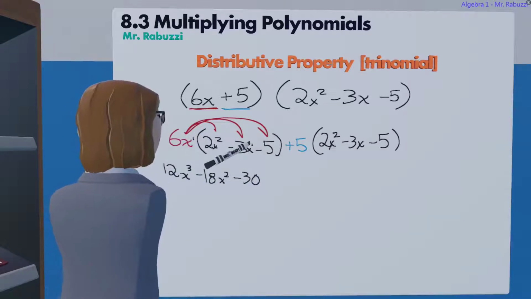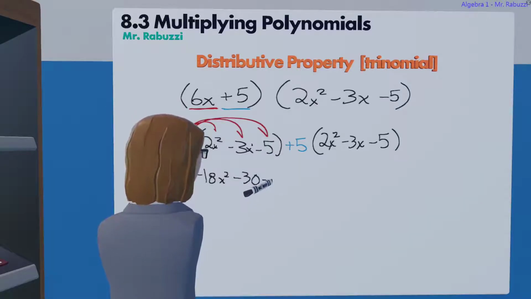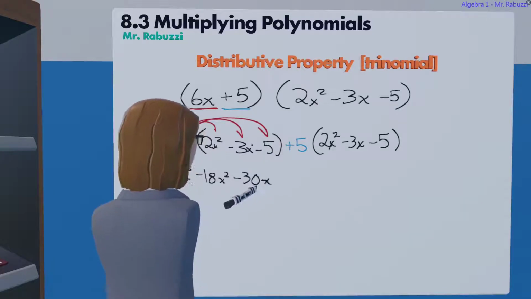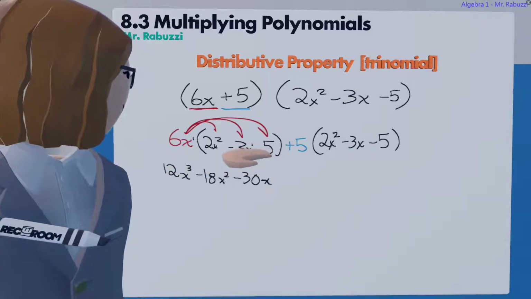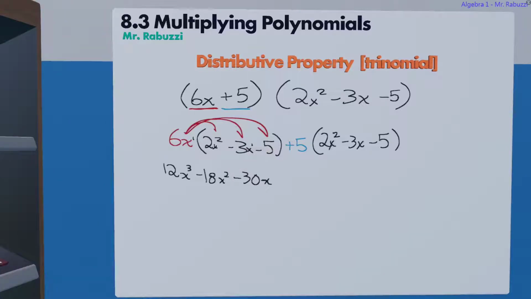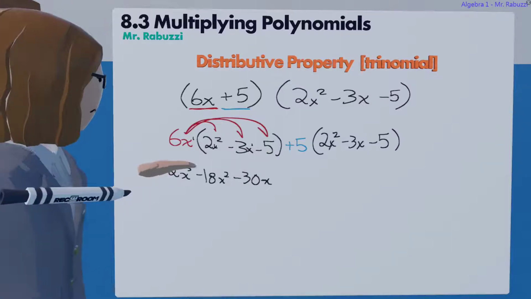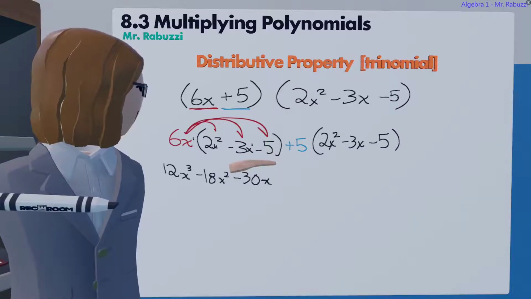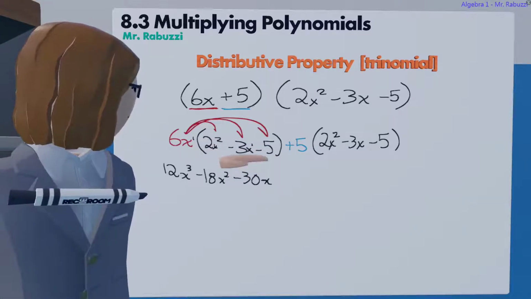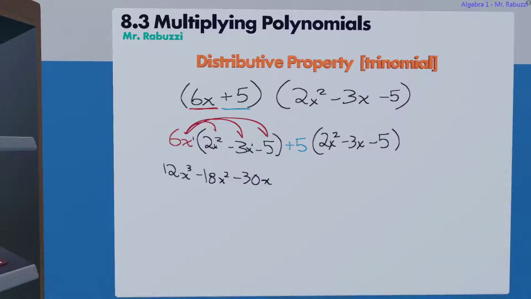And the x times empty is just x. So empty is not the same as 0, remember. We didn't multiply the x by 0. We multiplied it by the empty space behind the 5. Which is a little confusing, but just remember we have no x's here, so it's just the number, only the coefficients multiply.